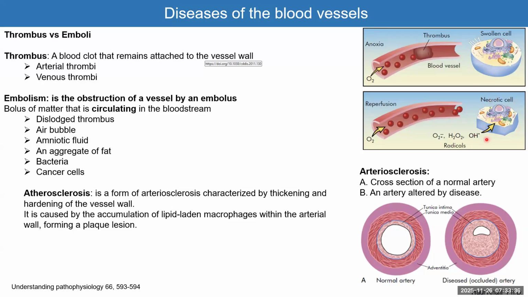Most of the cells will necrose and die by the process that I just described. So no matter what the trigger is, the steps that lead to the necrotic cell could be a different cascade. And we described atherosclerosis being one of those, because with atherosclerosis, there are other factors playing a role.